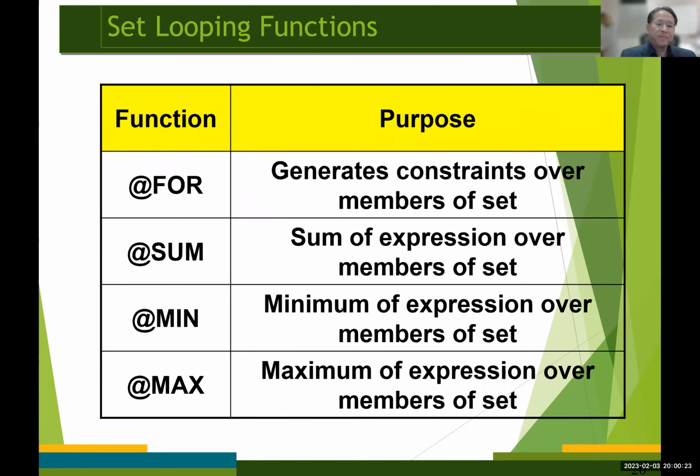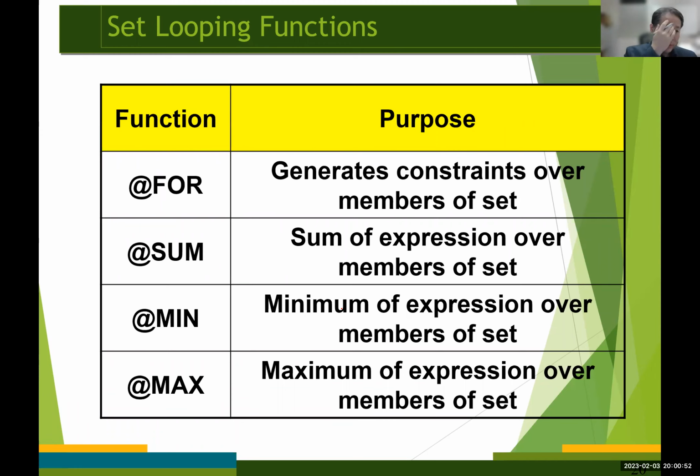Okay, here are just 4 different set looping functions that can be used in LINGO. The set looping functions basically allow you to iterate through all the members of a set to perform some kind of operations, right? @FOR is used to generate constraints over members of a set.